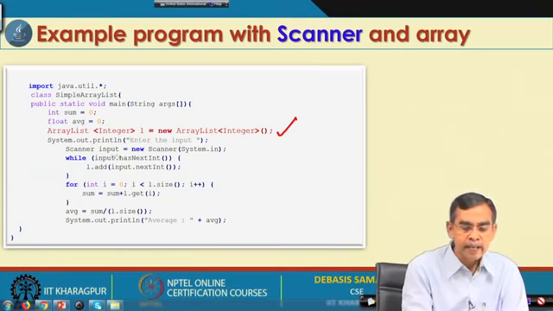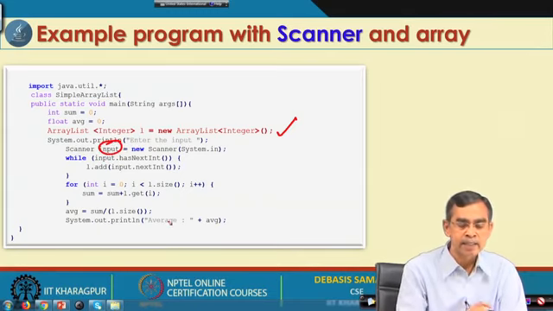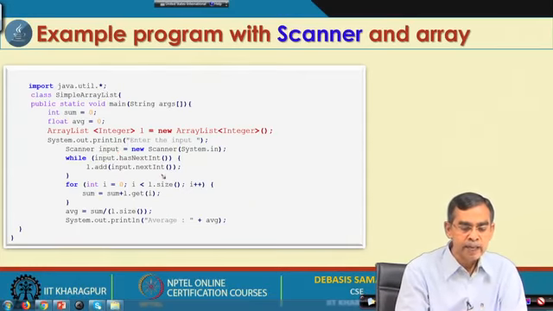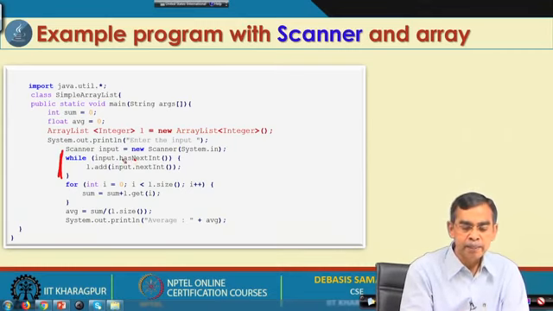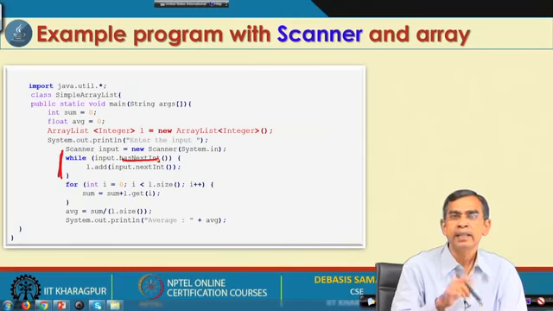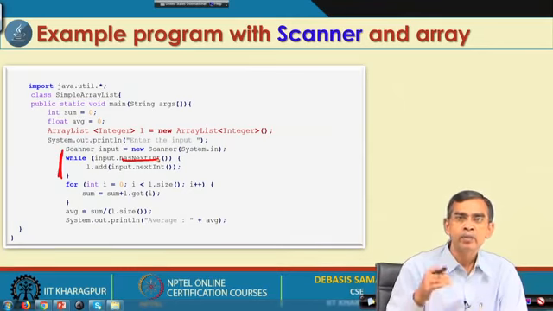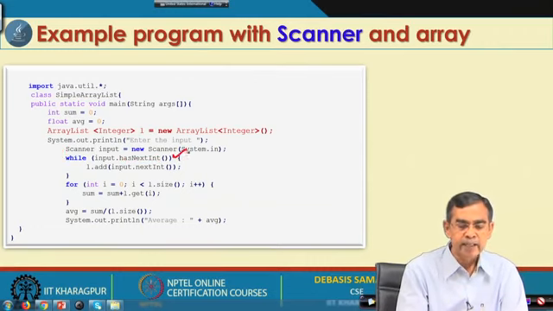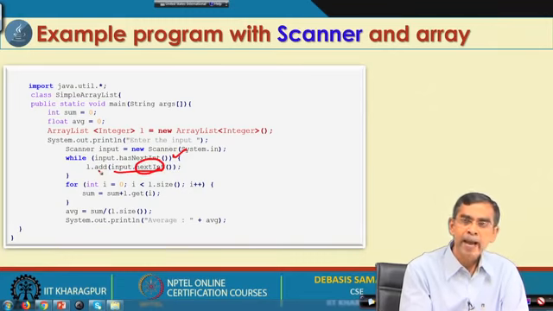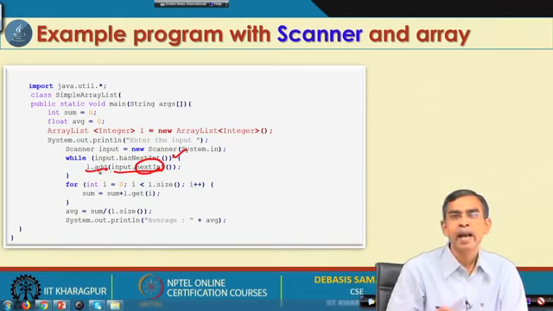Now, here in Scanner input we create the new Scanner object, like scnr in the last example, and for this Scanner object we use input.hasNextInt. That means, as long as it has a next int, it will go on reading one by one until you stop entering the numbers. So, it checks whether the user has entered any number or not. If it has, then the same number in integer format will be added into L. L.add is an add method in the object L, and it puts the number there.